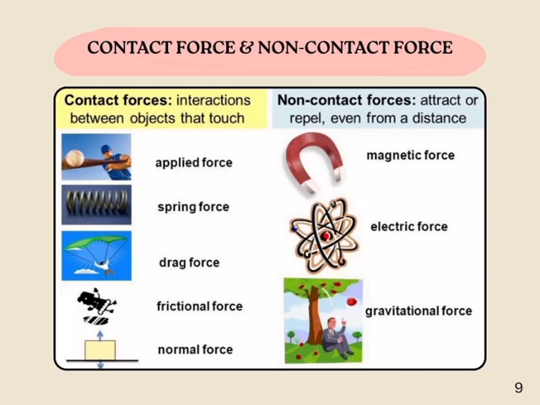So we already know what a force is, or how we can simply define it. Force could be classified in numerous ways, but basically force could be classified into two, that is contact and non-contact.